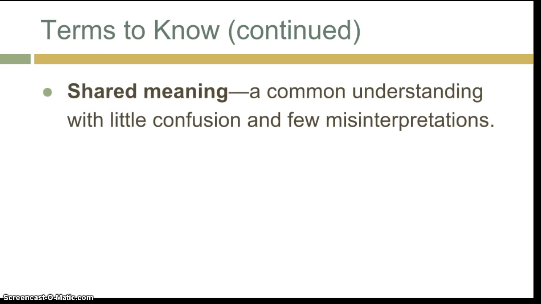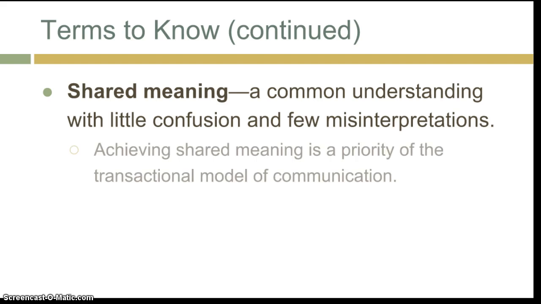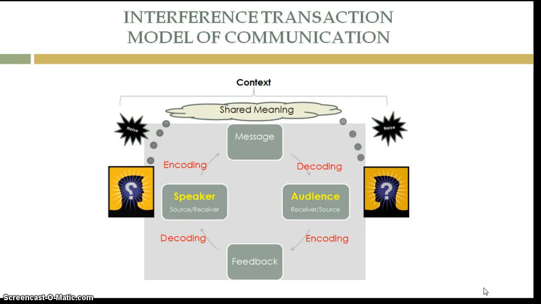In some models of communication, we have something called shared meaning, which is a common understanding with little confusion and few misinterpretations. Achieving shared meaning is a priority of both the simple model of communication as well as the interference transactional model of communication. Here's an example of an interference transaction model of communication.